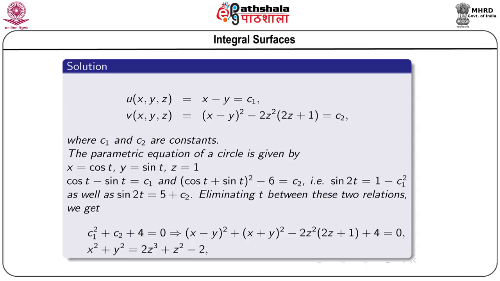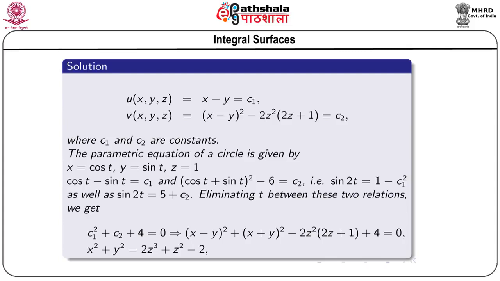Now, we want to find the integral surface which passes through the given circle. The parametric equation of the circle can be written as x equals cos t, y equals sin t, z equals 1. If we substitute x, y, z in the first integral u equals c1, we obtain cos t minus sin t equals c1, and if we substitute in the second integral v equals c2, we obtain another relation: cos t plus sin t whole square minus 6 equals c2.